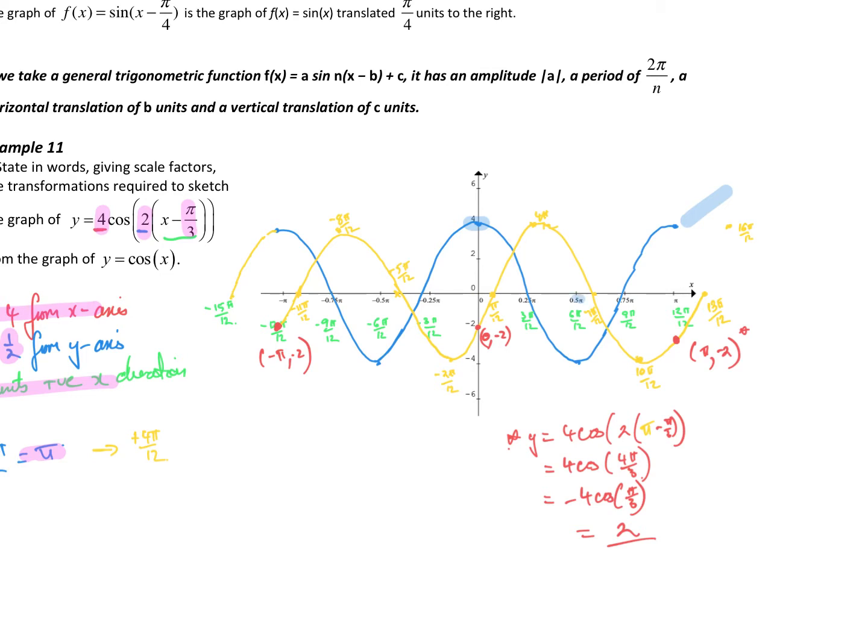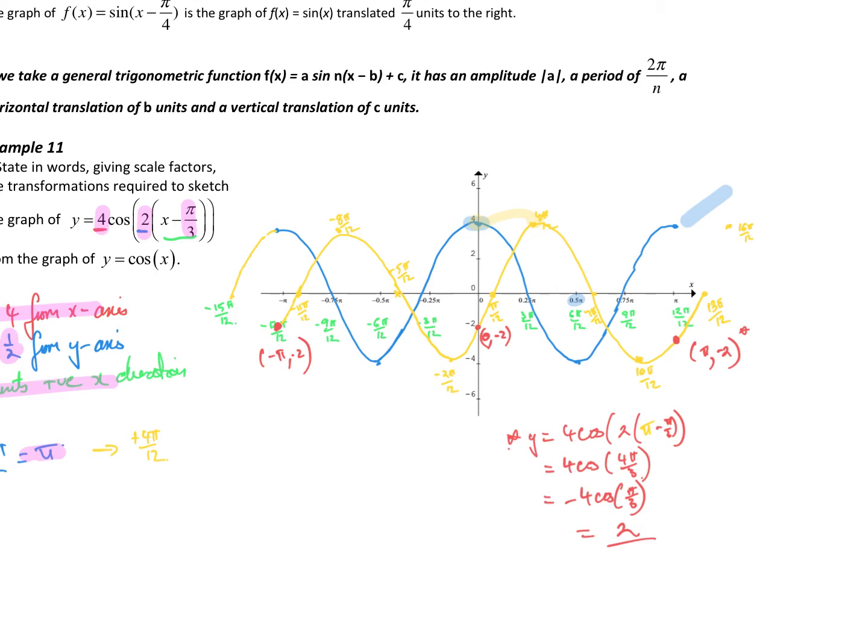A half pi is 6 pi on 12. And now I just have to move everything 4/12 to the right. So we can see up here, my intercept at 0 initially, I'm going to shift it 4 pi on 12 to the right, okay?